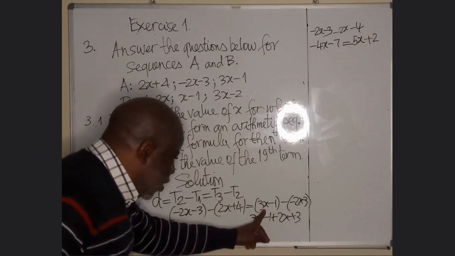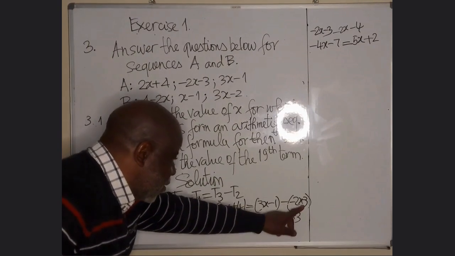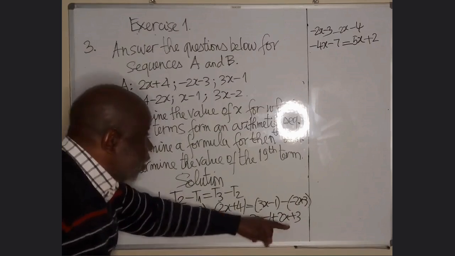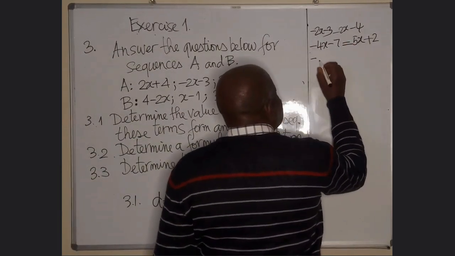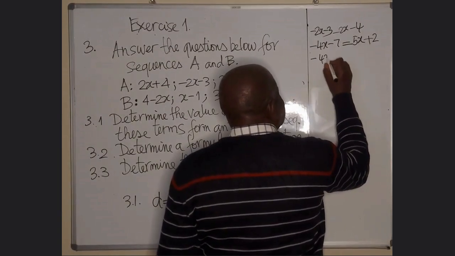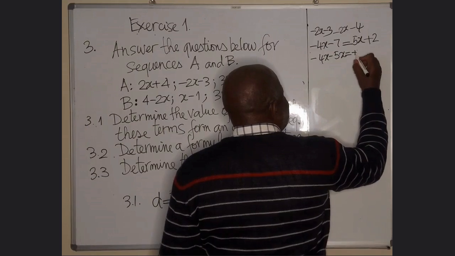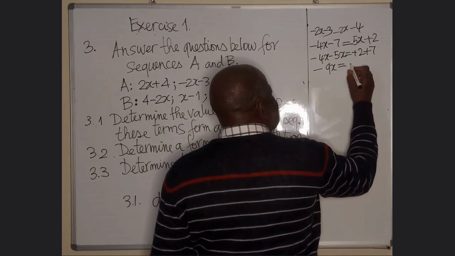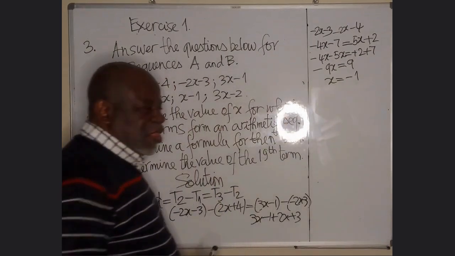And then we get 3x minus 1 plus 2x plus 3, which is 5x plus 2. So we're solving for x here: negative 4x minus 5x should be equal to plus 2 plus 7. Negative 9x will be equal to 9, and our x will be negative 1.